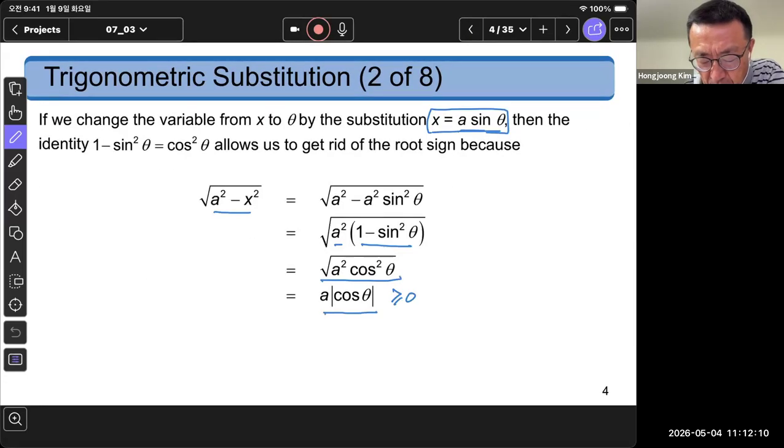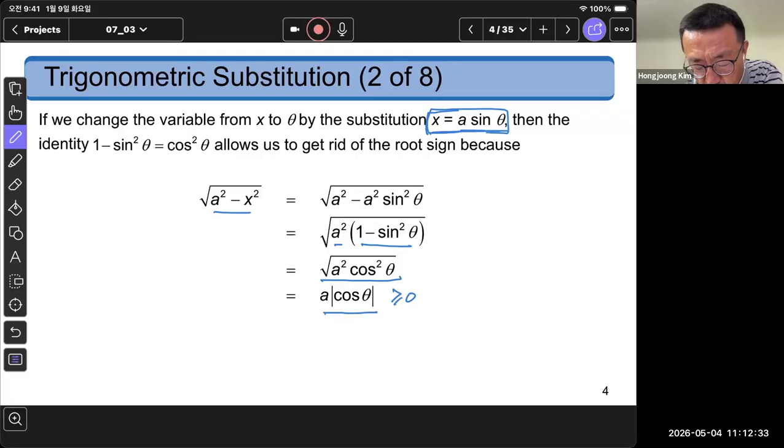Given the square root of a squared minus x squared, I introduce a new variable theta, and x is substituted by a times sine theta.